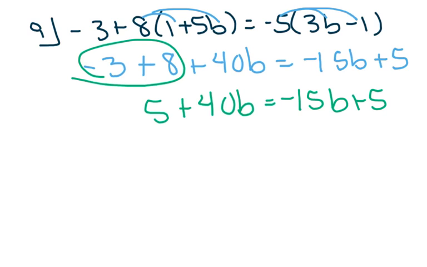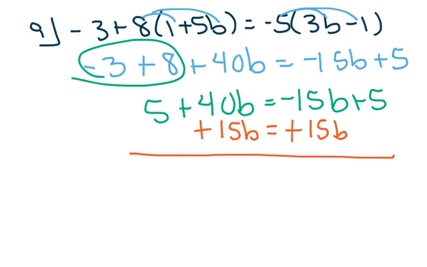I want my b's positive, so I'm going to add 15b to both sides. And I'm going to go ahead and subtract, which one is this? The last one. I'm going to subtract 5 from both sides.